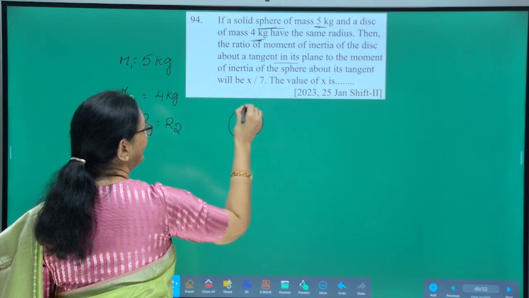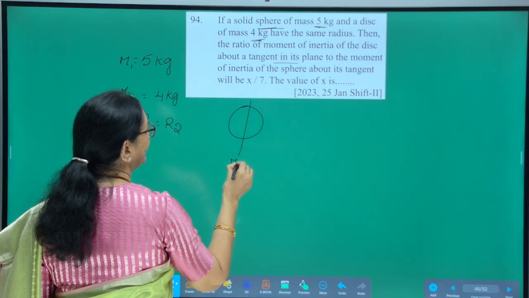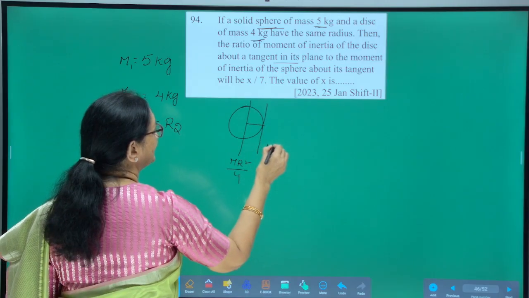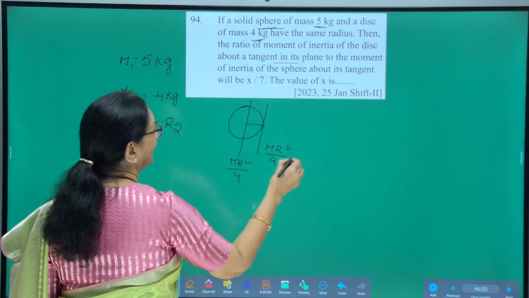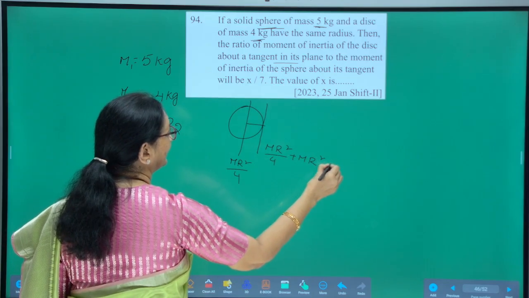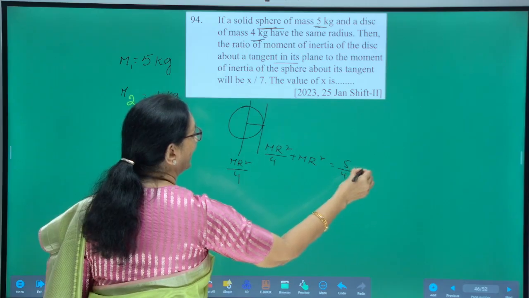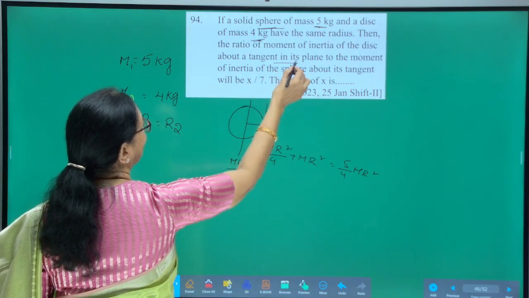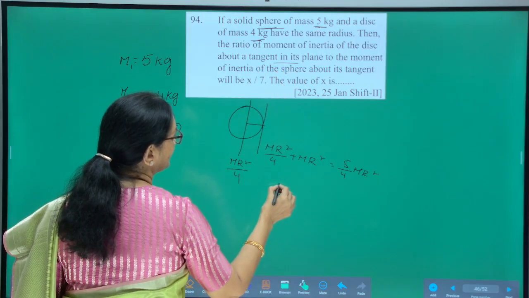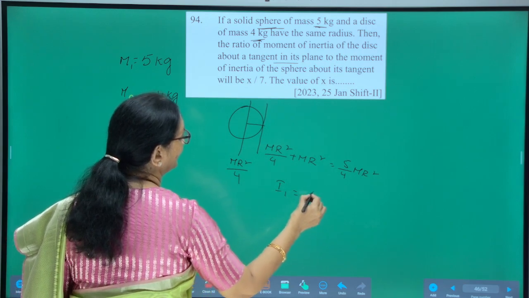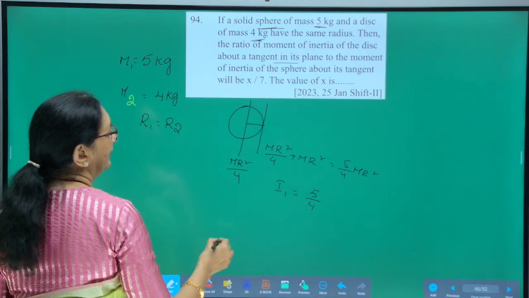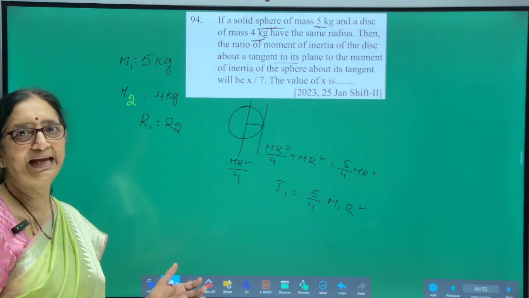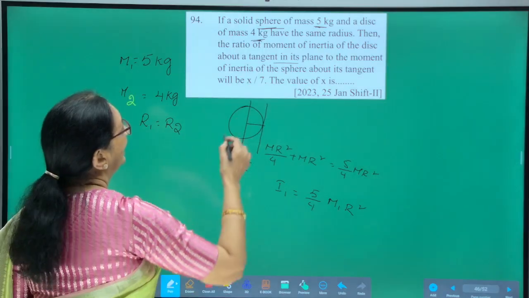For a disk, about the diameter in its plane it is mr square by 4. About the tangent in its plane, from the parallel axis theorem, it becomes mr square by 4 plus mr square, that is 5/4 mr square. So, the moment of inertia of the disk about a tangent in its plane, I1, is equal to 5/4 m1 r square, because they have the same radii.